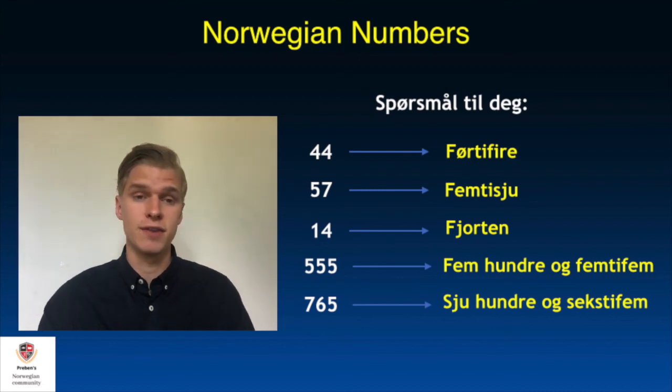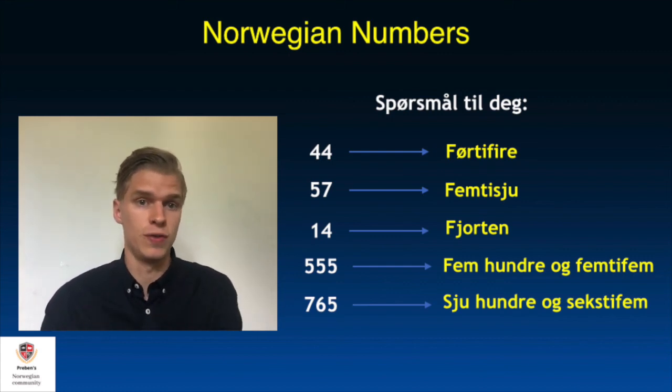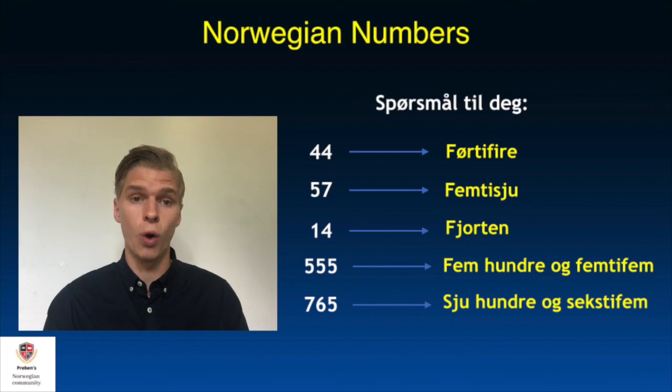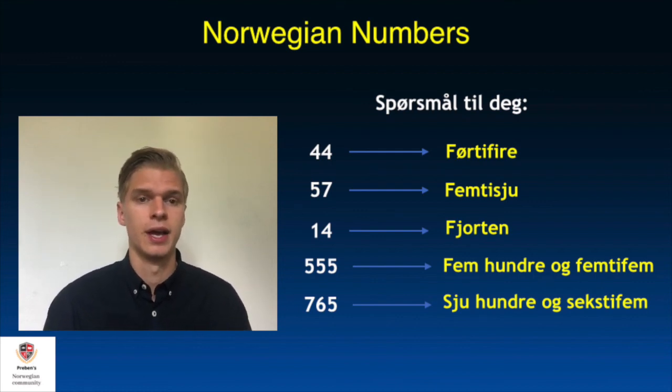Then we have 555. What happens here? Let's look at the pattern. First we have to look at what is 500, the thing I taught you. Then we add the 55: 500 og 55.